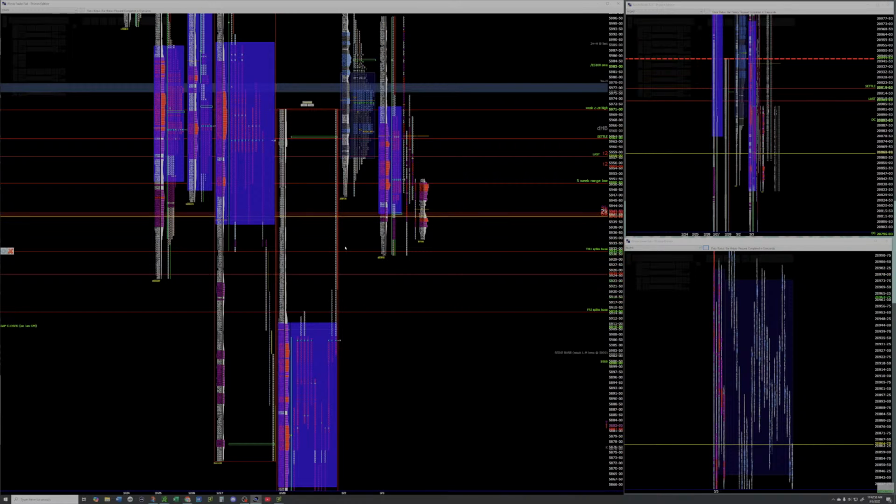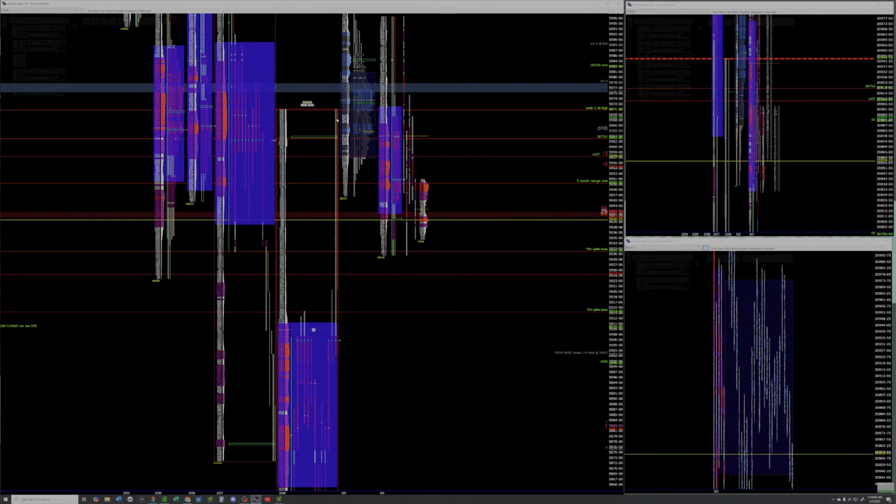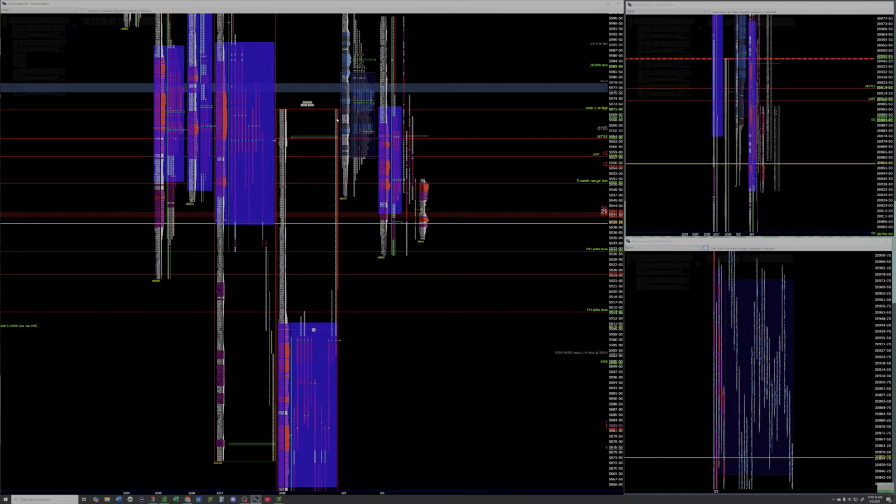And those participants getting out of the market, how do you get out of short? You buy, right? And you could see that happening here. And I don't consider that movement to be something that can hold. Okay?